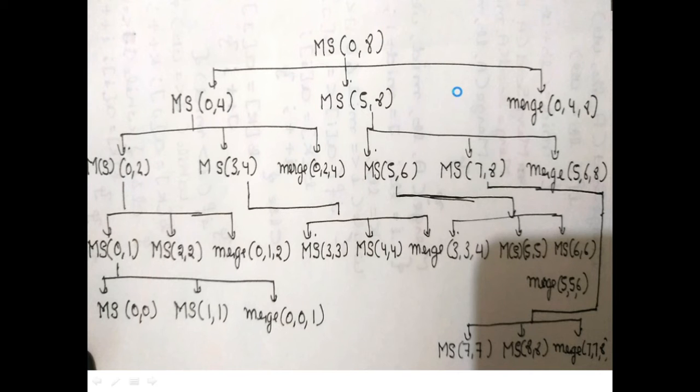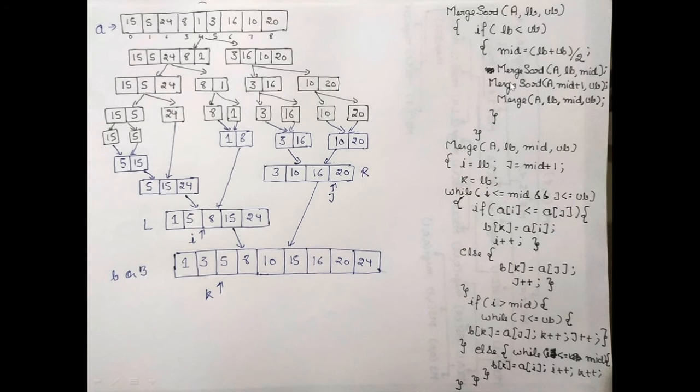As you can see, until this recursive call, all of this would have been done from here to here. Please follow the cursor. This very portion has been done by the first recursive calls. The division, and when the upper bounds and lower bounds are same, we'll start merging.